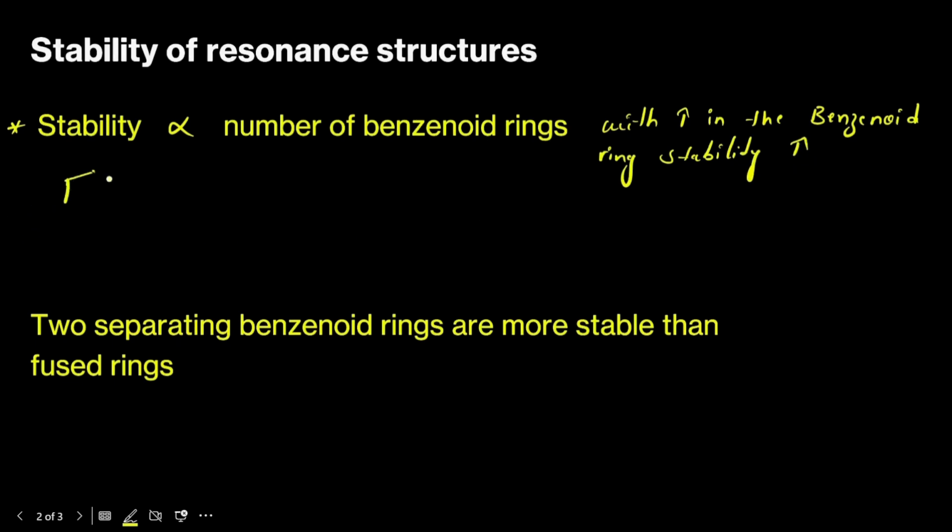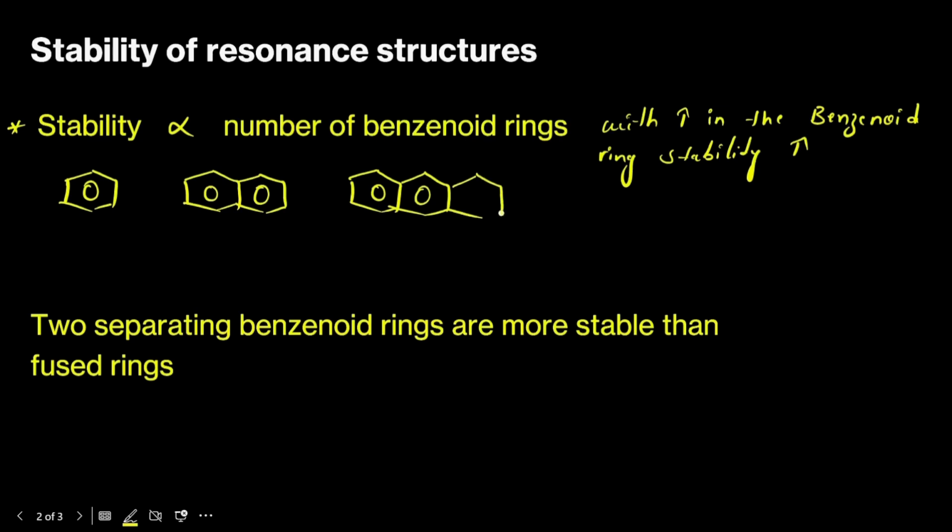Consider benzene, naphthalene and anthracene. The order of stability is, the more the number of benzenoid rings, the more resonance structures and the more the stability. Therefore, benzene is less stable than naphthalene, which is less stable than anthracene.